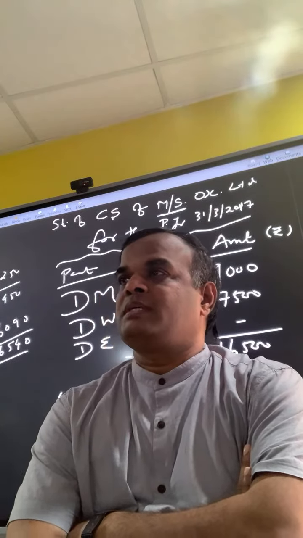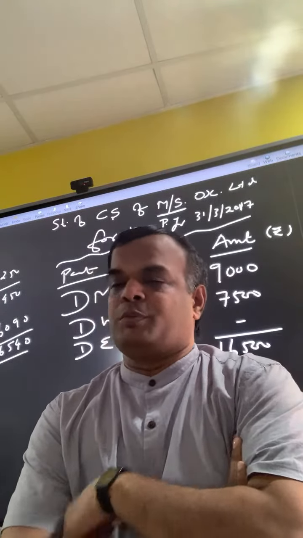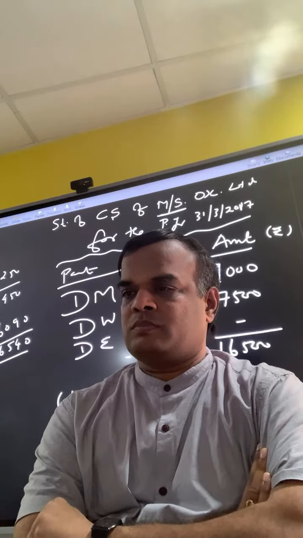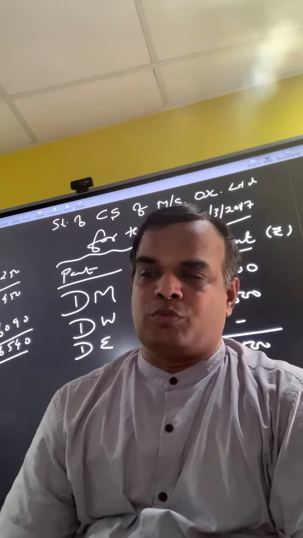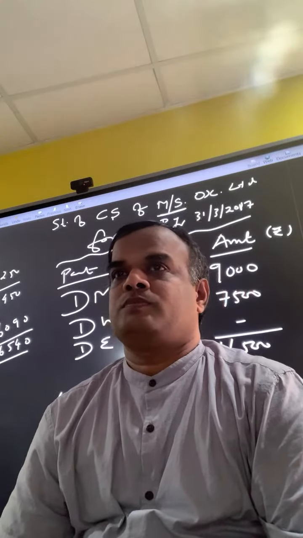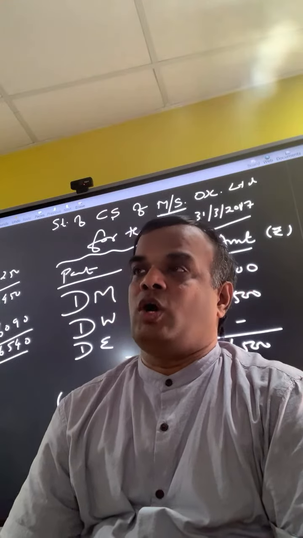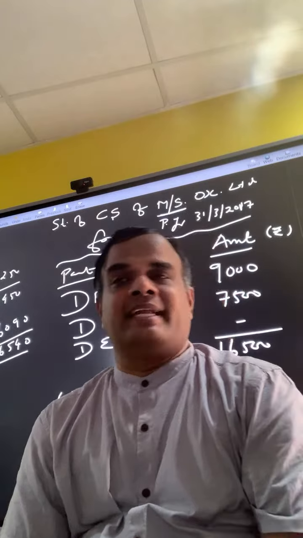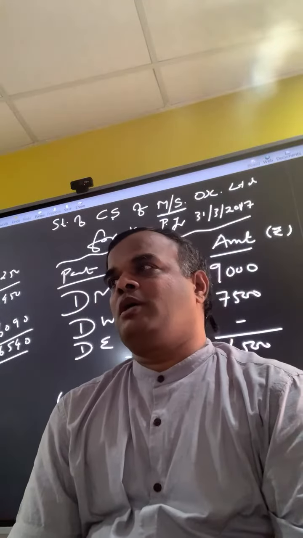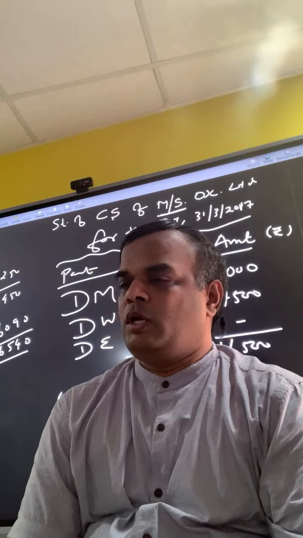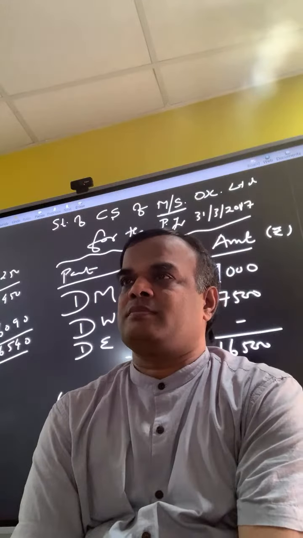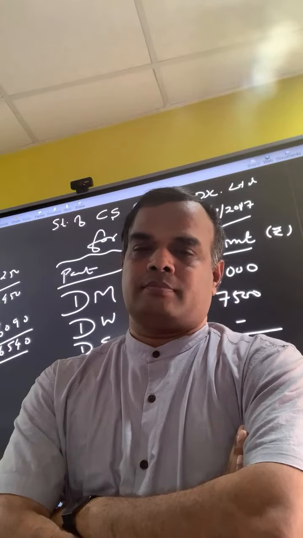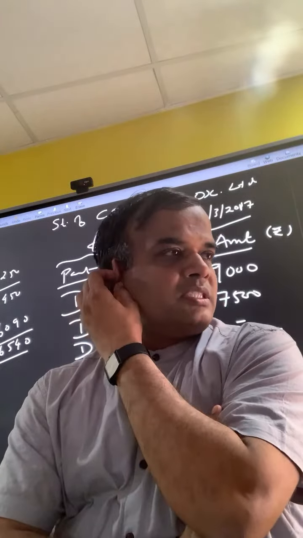Add selling and distribution overhead. After adding selling expenses, it is called cost of sales. How much is the cost of sales? 62,000.